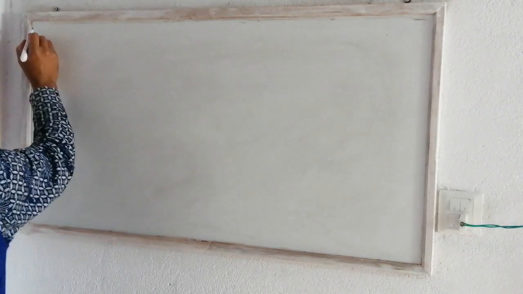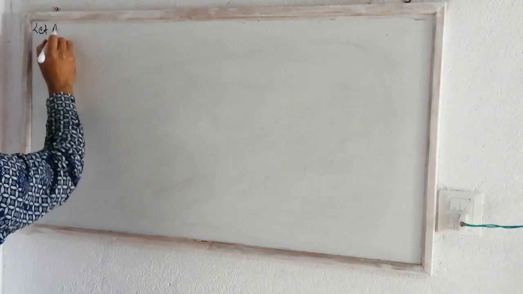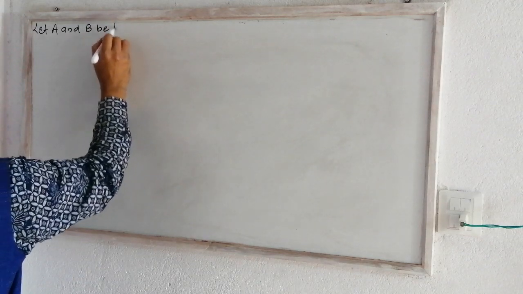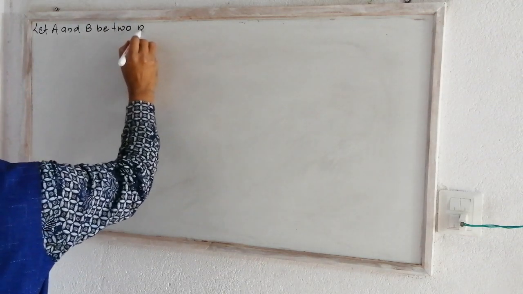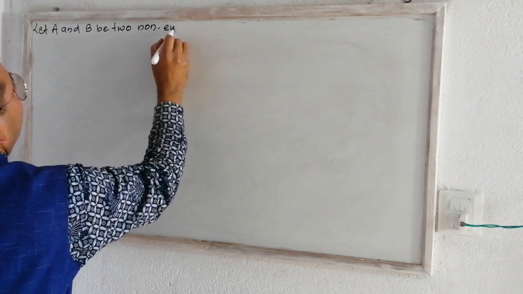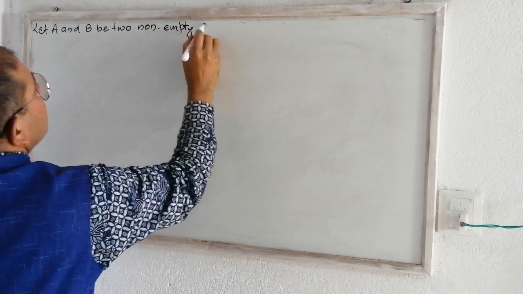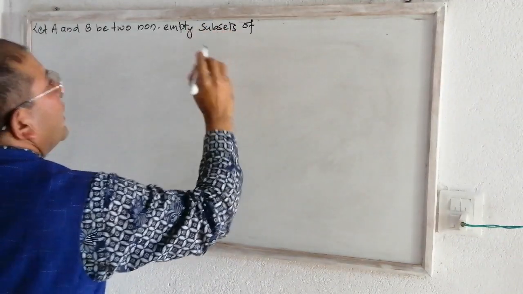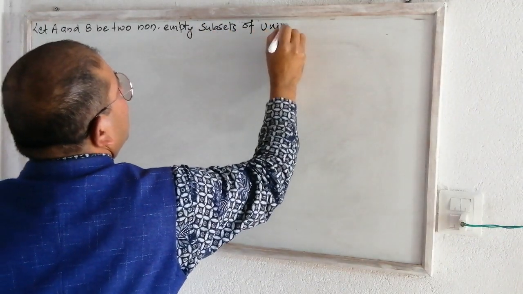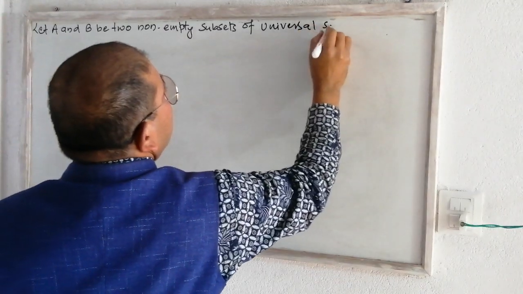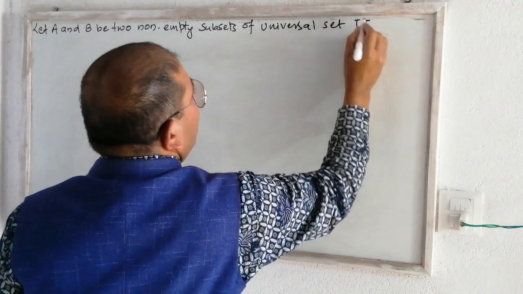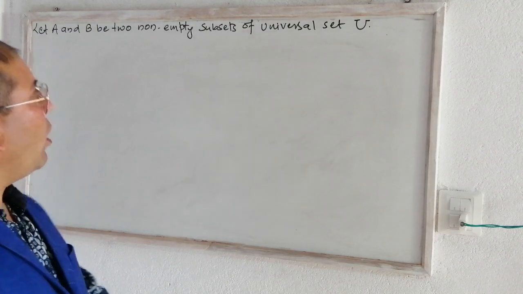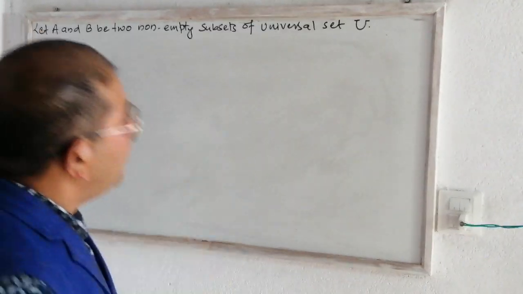Now, here let A and B be two non-empty subsets of universal set U. Now I want to draw this universal set.